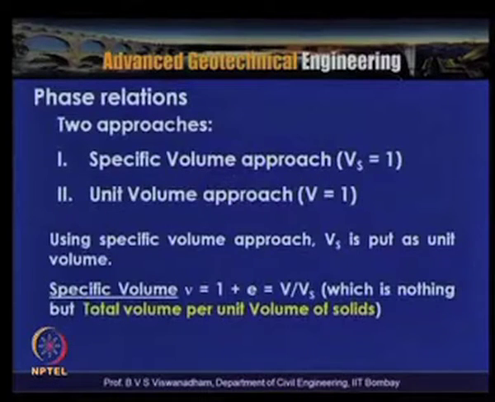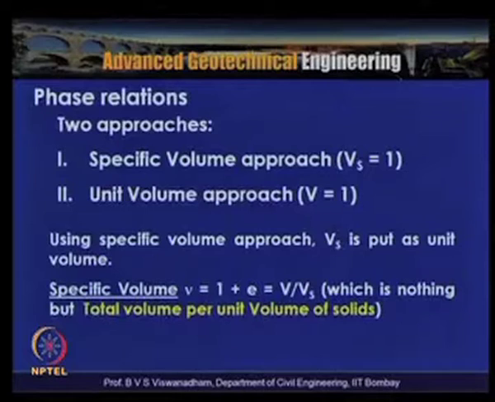Now, if you want to determine the phase relationships, you can use different approaches. You can assume a volume consisting of volume of voids, volume of solids, volume of water and volume of air in case of partially saturated soil, and weight of water, weight of solids and weight of air, which is equivalent to 0.